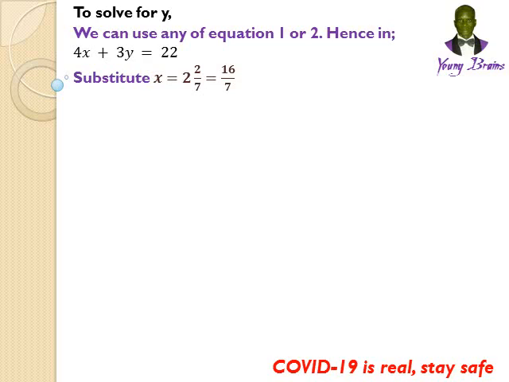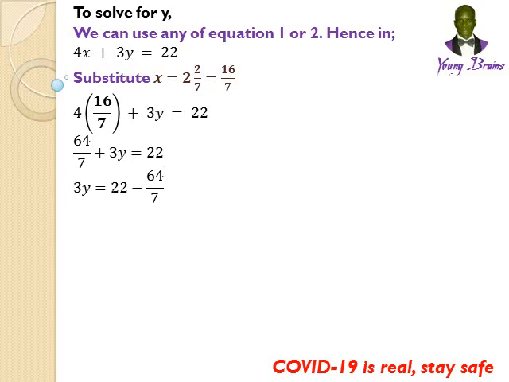So we have 4 times 16 over 7 plus 3y equals 22. So 64 over 7 plus 3y equals 22. We subtract 64 over 7 from both sides. Then we have 3y equals 22 minus 64 over 7.